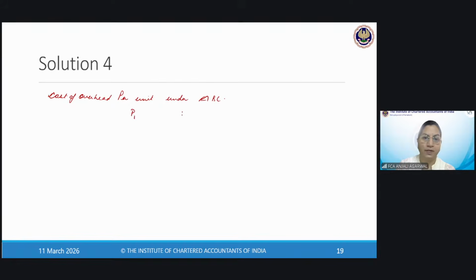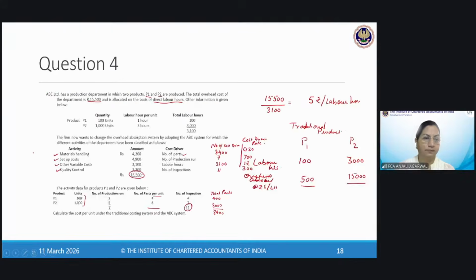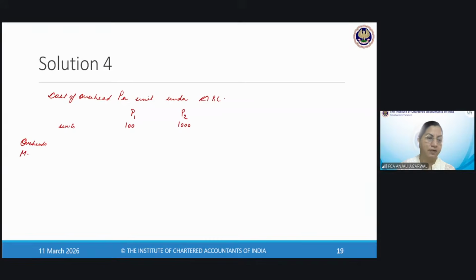So P1, P2, units, overheads, material handling, setup, other variable costs, and inspection.